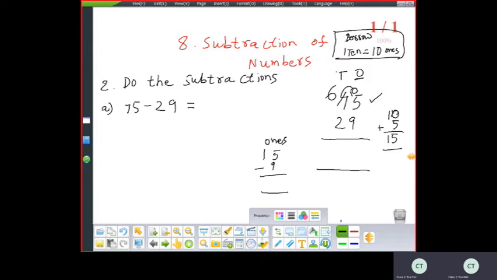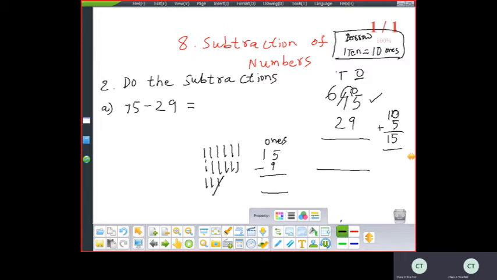Now we subtract 9 from 15. Draw 15 lines. 1, 2, 3, 4, 5, 6, 7, 8, 9, 10, 11, 12, 13, 14, 15. From 15 lines, we subtract 9 lines.